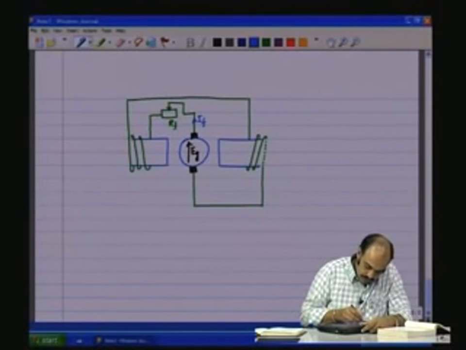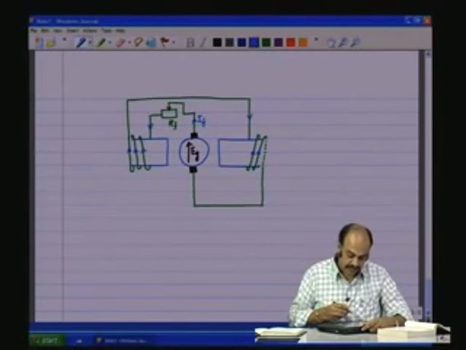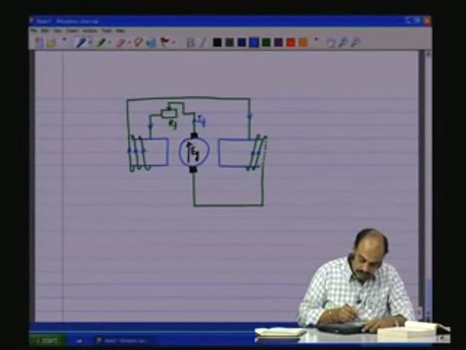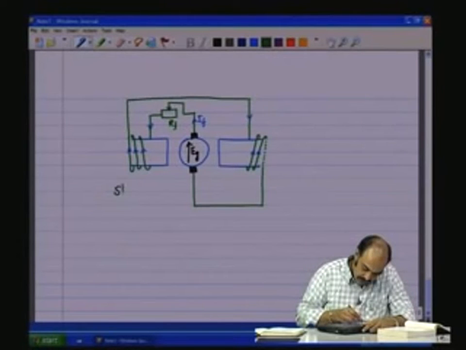IF flows through this direction, flows like that, flows in these directions, and then flows here, flows in this direction. Note the direction of the IF. So, they all are aiding field. Now, this is the shunt field.